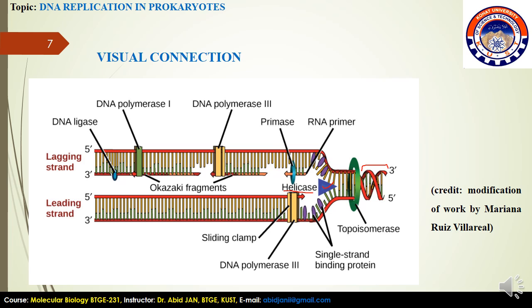This is called supercoiling. Topoisomerase, this green ring, breaks and reforms DNA's phosphate backbone ahead of the replication fork, thereby relieving the pressure that results from this supercoiling.